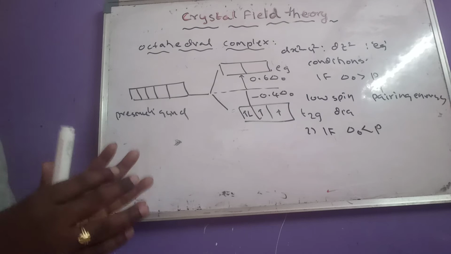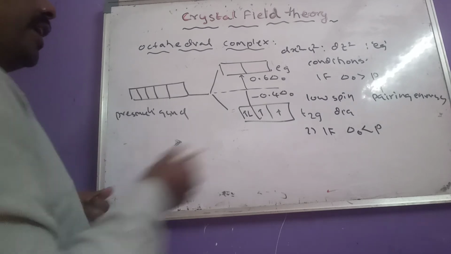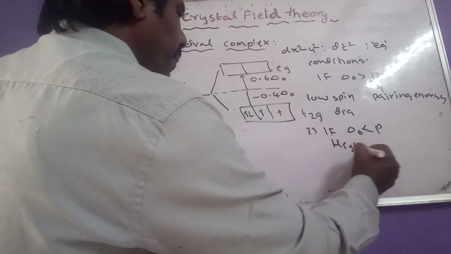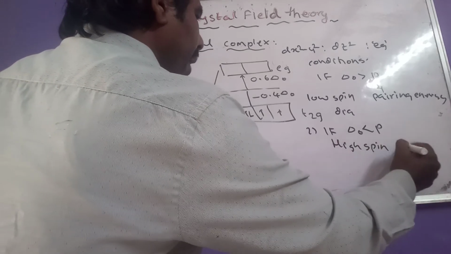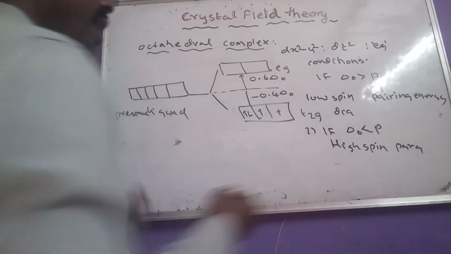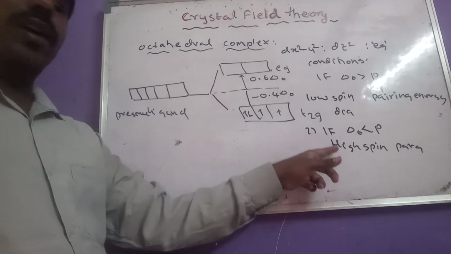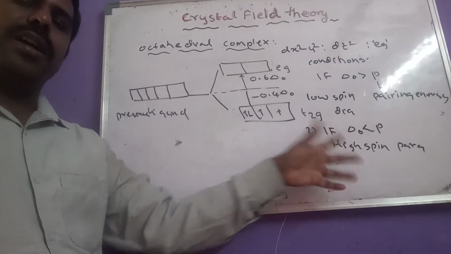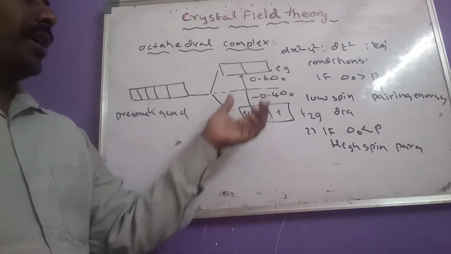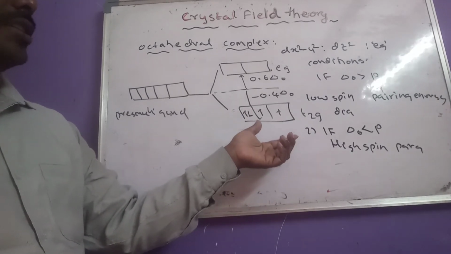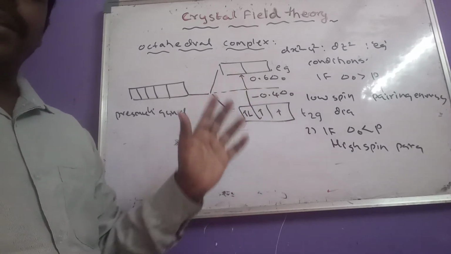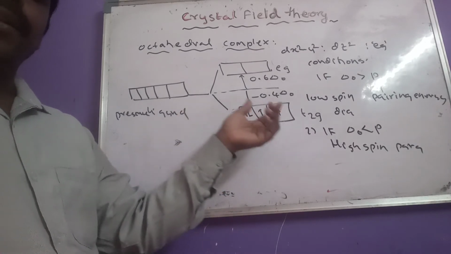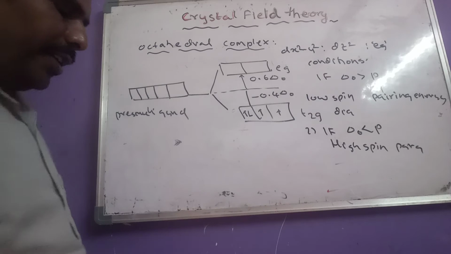When a weak ligand approaches, that is a high spin complex with paramagnetic nature, and at this time it follows Hund's rule. Now let us see the configurations for octahedral complexes in the presence of strong field ligand and also in the presence of weak field ligand.